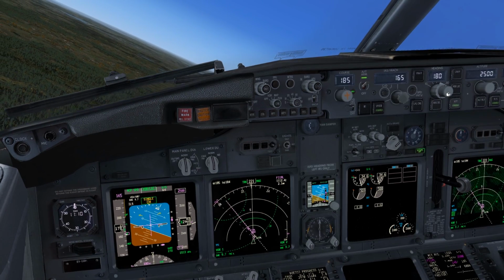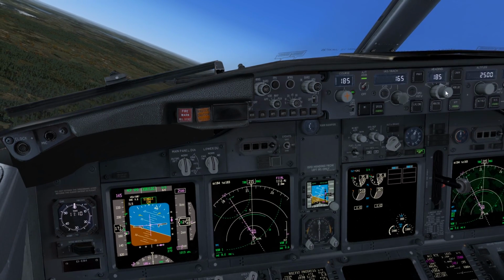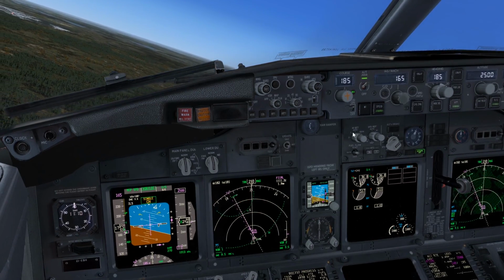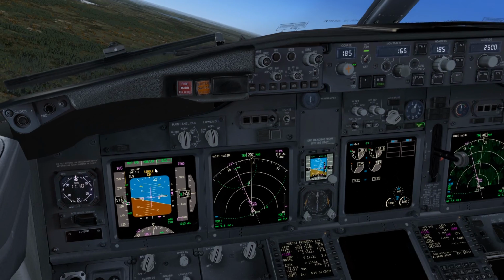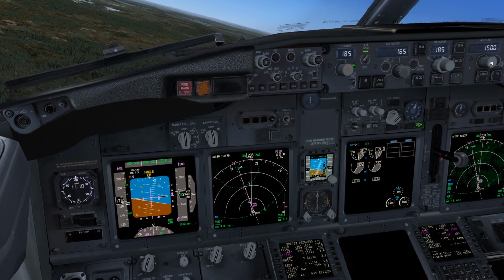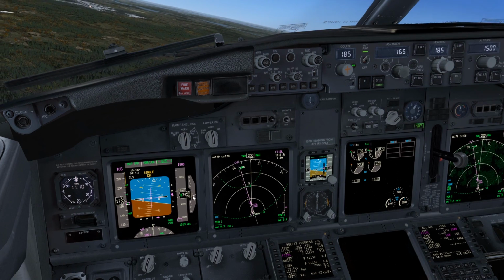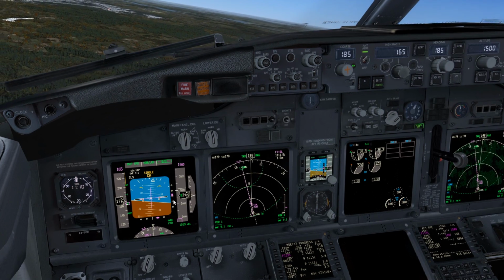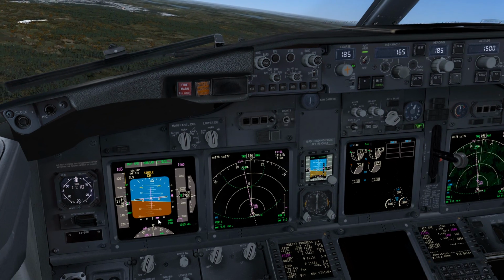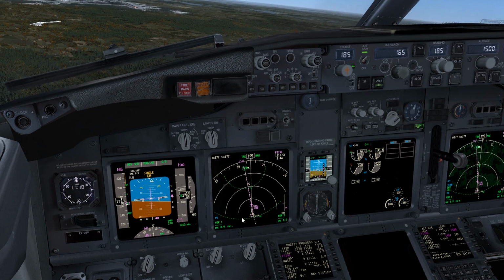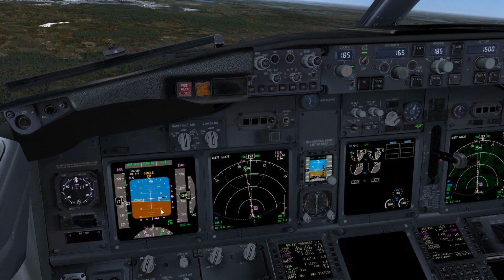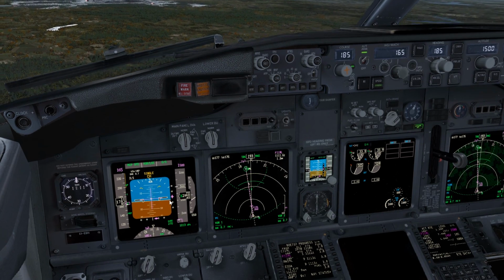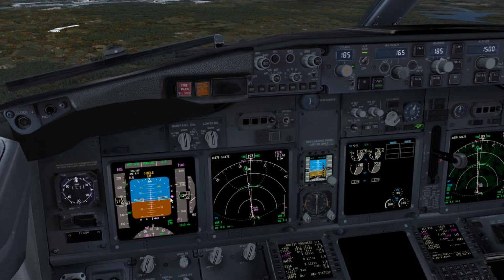We put in the final approach track. And there's the glide slope. We can set the missed approach altitude. And we are still descending. We are correct on path with the correct speed. And we don't have any high energy situation or any weird configuration.